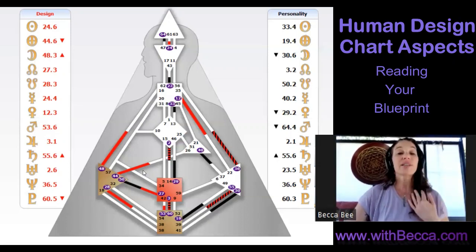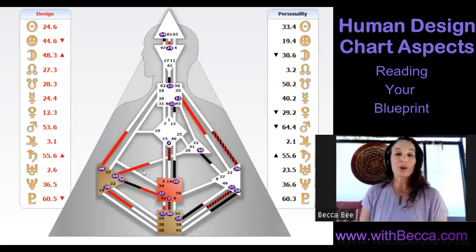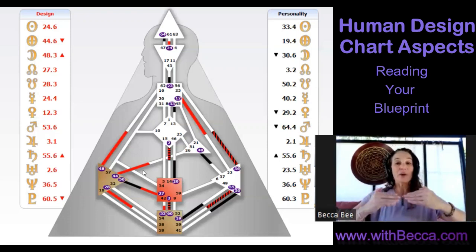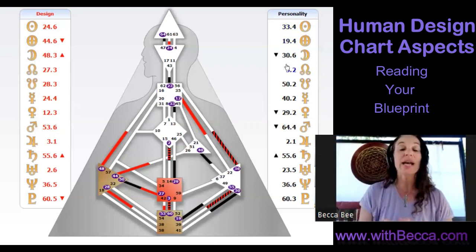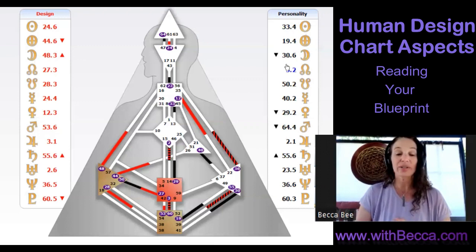So as we get to look at this, the gates are activated by the placement that the planets were in the very moment that you were born. Where the gates are activated within the centers are going to then create that half of a channel that is wanting to make a connection to the other side of that channel in the other center on the other side.